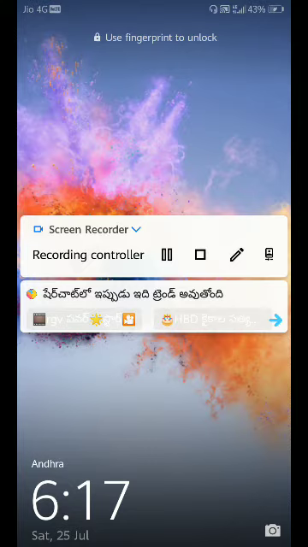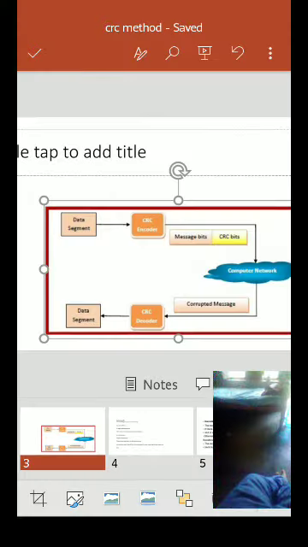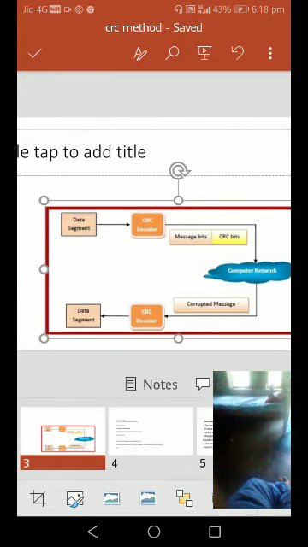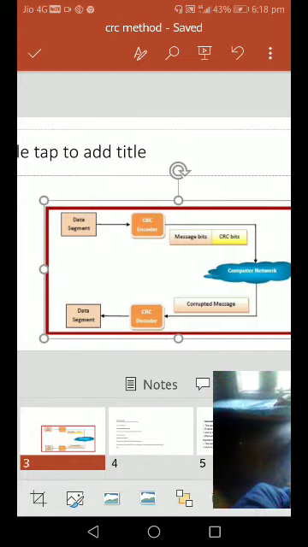If the redundancy bit is n bits, we take n minus 1 bits, that is, the original data bits plus the CRC method.